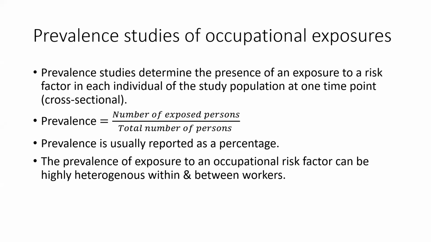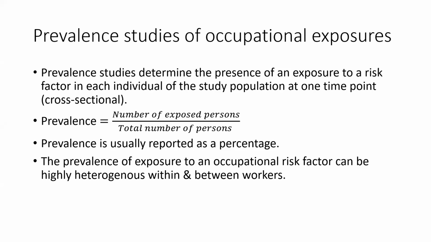So an example would be 85% of construction workers in a specific workplace setting in a particular country are occupationally exposed to noise. What's important to note is that these prevalence studies, while they might seem quite banal and are the basis of many investigations and surveys, are actually quite different to studies of effects, and one determining factor is that they can be highly heterogeneous.